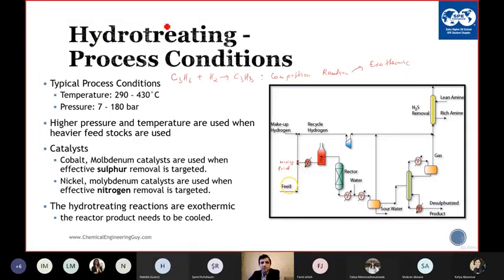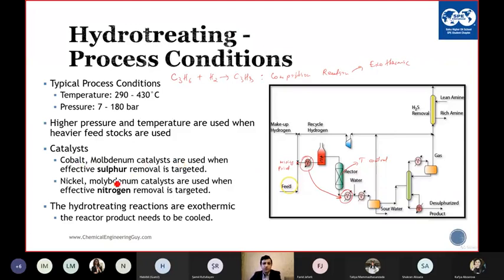So you can say that the hydrotreating process is an exothermic process, which means that it is really essential to control the temperature in the reactor. And this heat exchanger and this one are the same, because here you cool down your product, here you heat your feed. And I told you the cobalt molybdenum catalysts are used for sulfur removal.